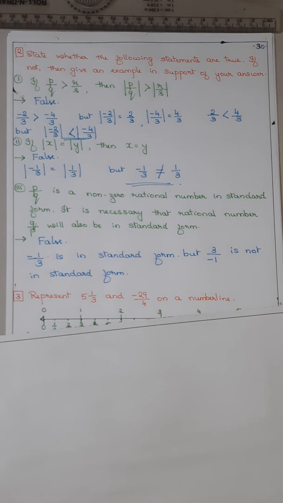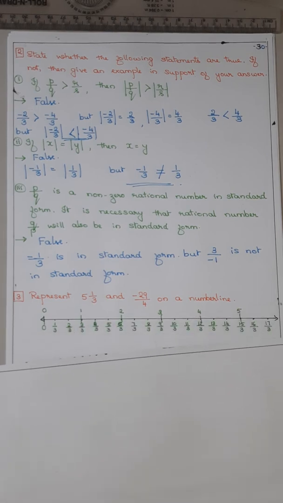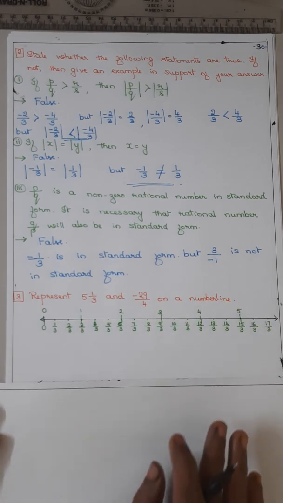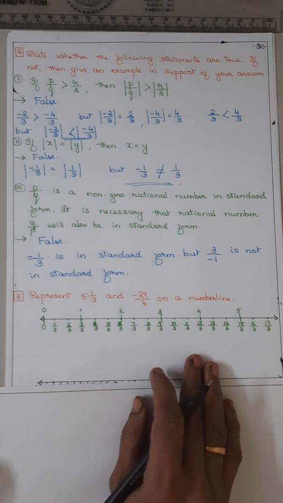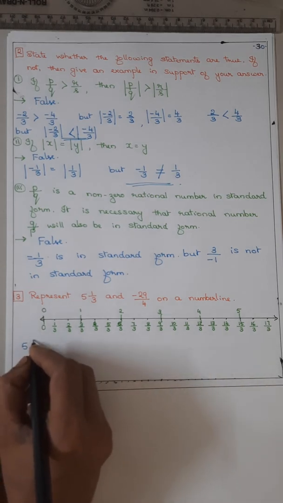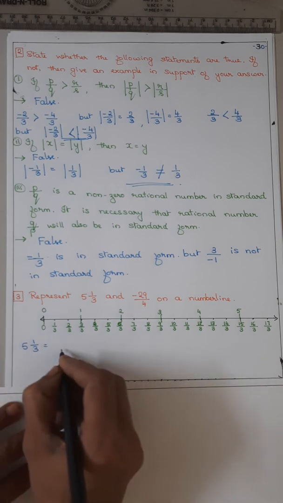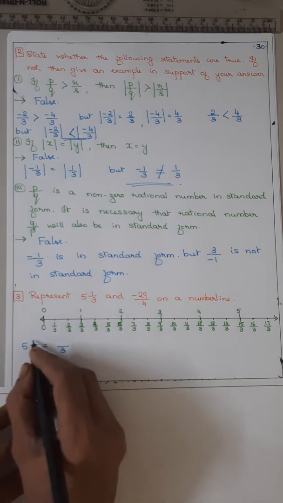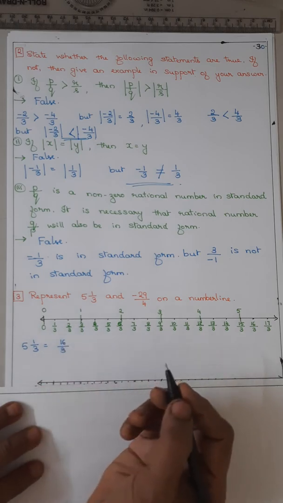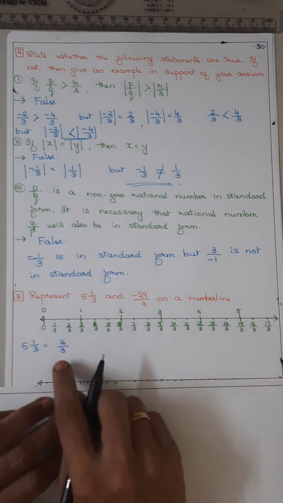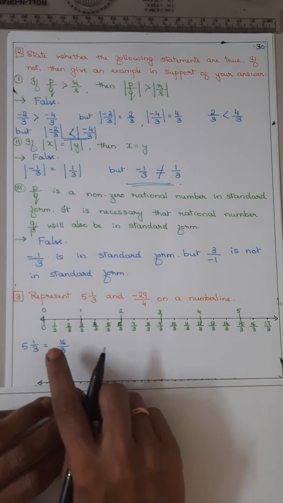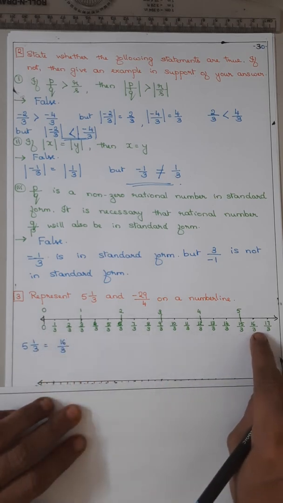Now coming to the third question, represent 5 1 by 3 and minus 29 by 4 on a number line. So 5 1 by 3. 5 1 by 3 means what? 3 5s are 15, 16. So here you find out which is the 5 1 by 3, that is 16 by 3.